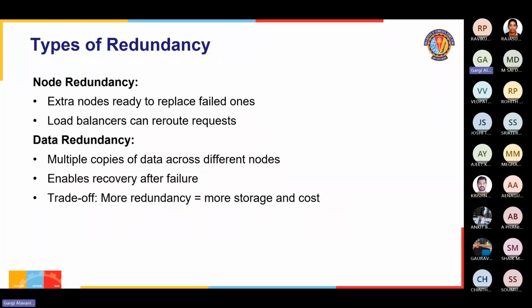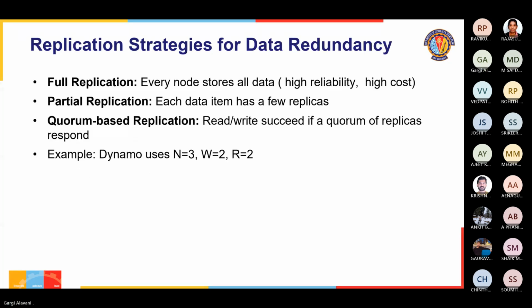This is also important because if you have multiple copies of data and, let's say, a variable A of some file is changed, you need to update this variable A in all these multiple copies as well. So this adds extra overhead. That is where the replication strategy matters.